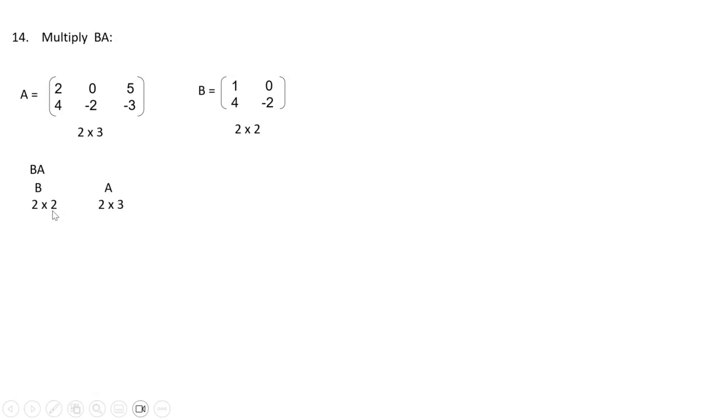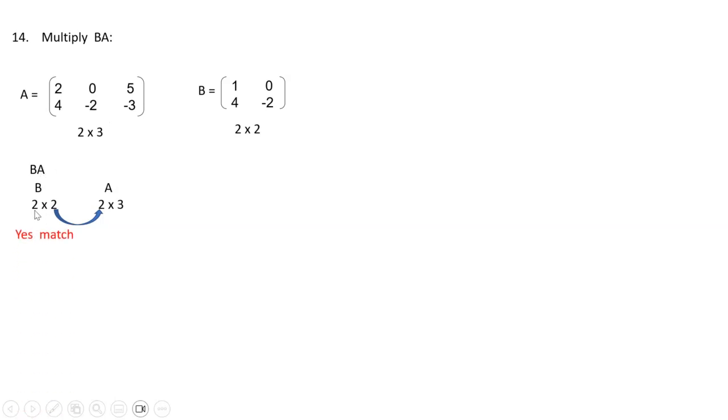The two numbers in the middle must match. If they match, it means you can multiply them. If the numbers didn't match, the matrices cannot be multiplied. For example, if you multiply matrix A by matrix B, you cannot do it because 3 and 2 are not the same number. That's why you cannot multiply A times B, but you can multiply B times A.